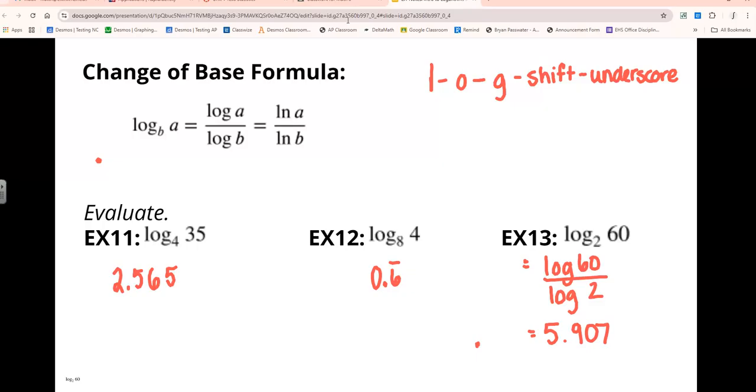There are a couple things that later, when we're doing equations, they might ask us to solve it that way, or change it, but we probably are not going to use it very much. It's technically in our curriculum. Desmos has made it much easier to just type it in, log base 2 of 60. So I would probably expect you to do it that way most of the time for this. Okay?